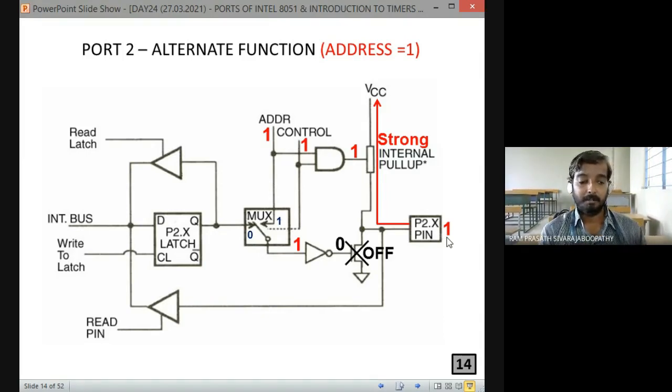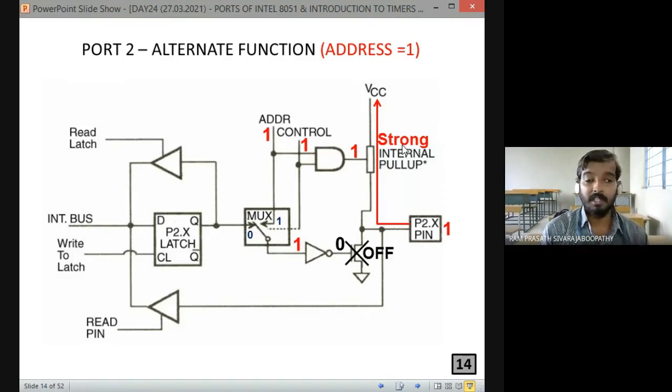It is strongly maintained, so the memory location will get selected properly. For that purpose, we have a strong internal pull-up circuit here, activated. For address bit 1, the strong pull-up gets activated. So that's the reason.